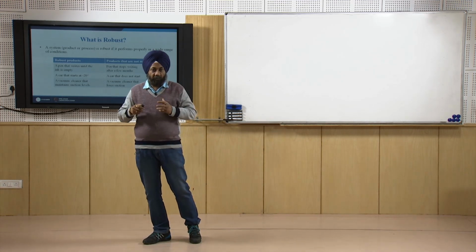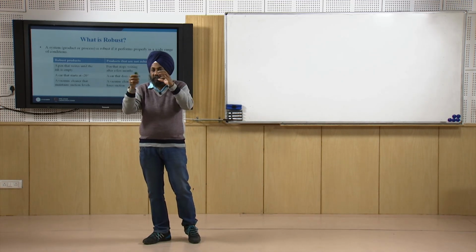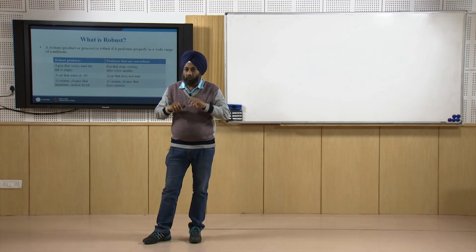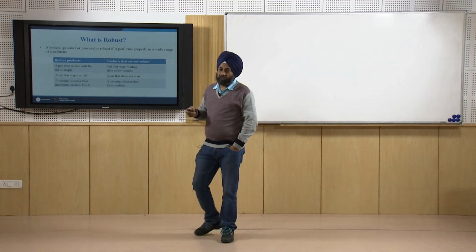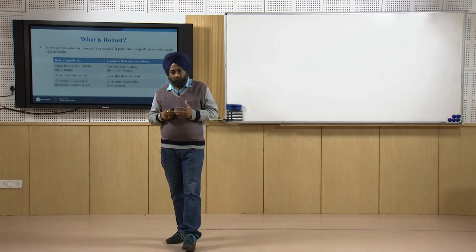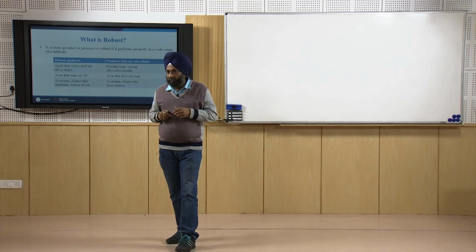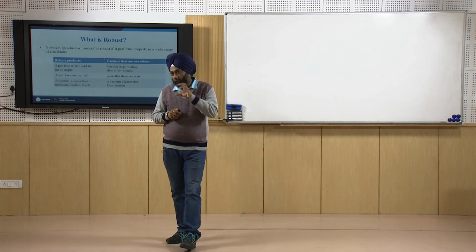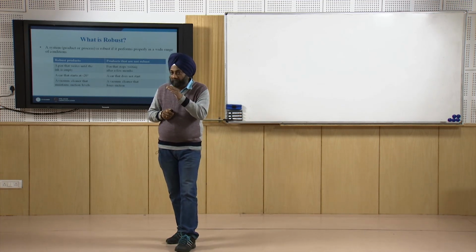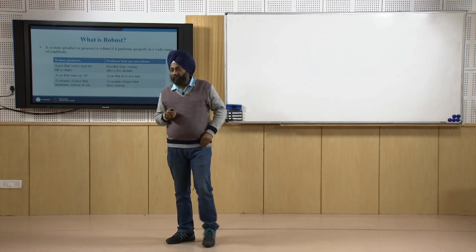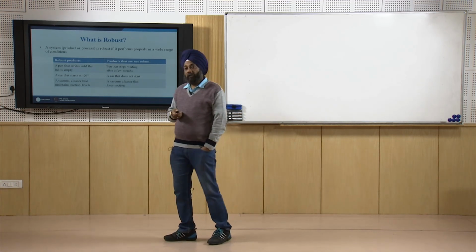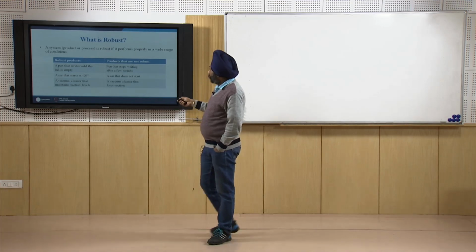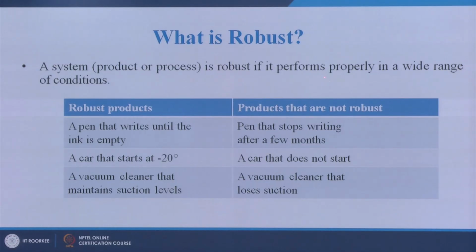It means the body is insensitive to changes in environmental conditions. Sometimes for an automobile also we say that it has a very robust body. The literal meaning of robust is strong and sturdy, not influenced by variations or changes in the parameters. So a product is robust if it performs properly in a wide range of conditions.